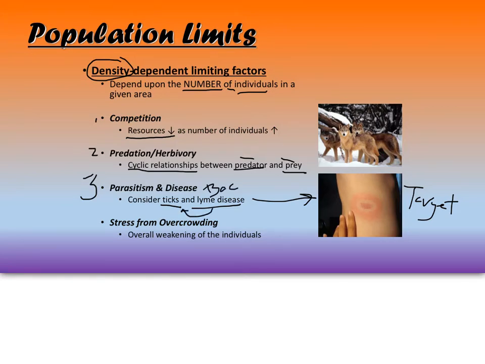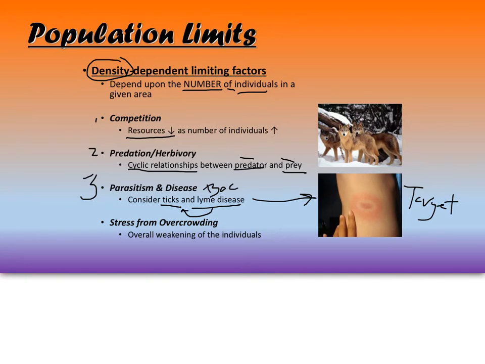So while ticks are a parasite and they suck your blood, they can basically in their saliva transfer into you a bacterium that causes Lyme disease. And so if there's a whole lot of ticks, there's a whole lot of Lyme disease, that could play a role in determining how many other species are there. Lyme disease is actually quite rare in humans, but it's really common in things like deer and other animals that live in the woods that ticks will live on.